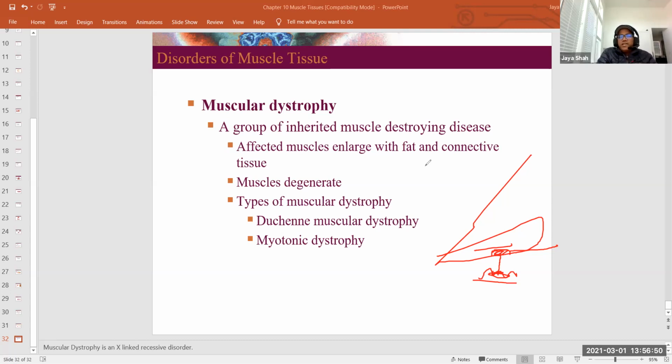Slowly muscle degenerates, and by the age of 20 years, the kid is going to die due to failure from the atrophy of the muscle and paralysis of the respiratory muscles. There are two types of muscular dystrophy, that is called Duchenne's muscular dystrophy and myotonic muscular dystrophy. Okay, so this is an X-linked recessive disorder.